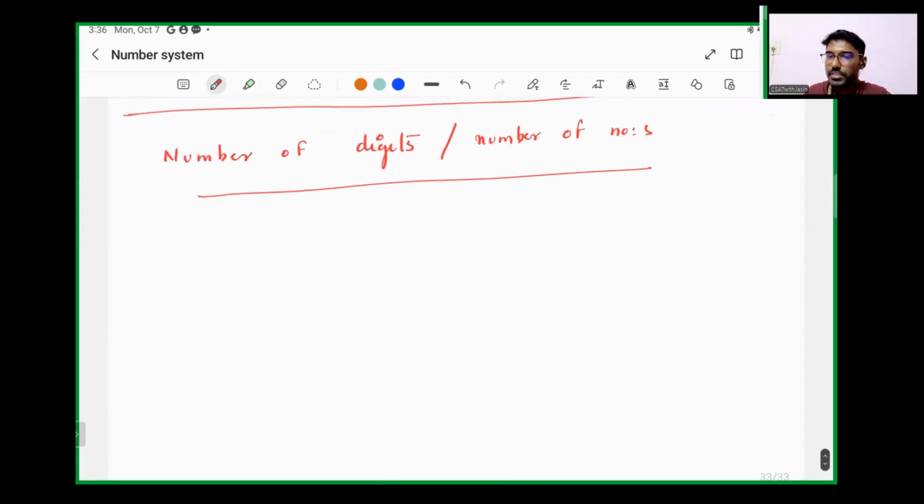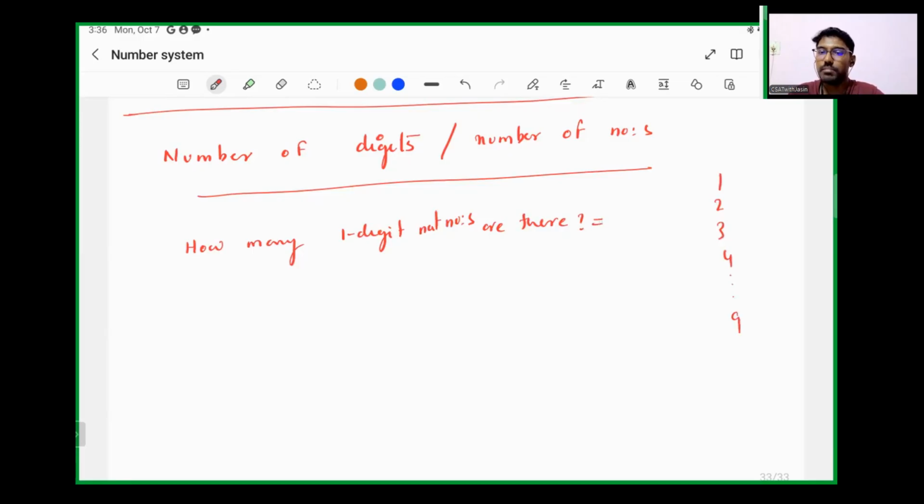Now I am just asking you how many 1-digit natural numbers are there? Natural numbers means it starts from 1, 1, 2, 3 like that. So 1-digit numbers are like 1, 2, 3, 4 till 9. How many numbers are there?